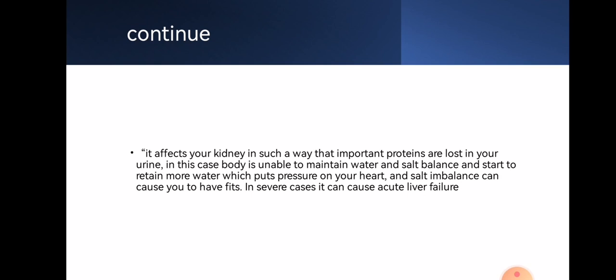In this case, the body is unable to maintain water and salt balance and starts to retain more water, which puts pressure on your heart, and salt imbalance can cause you to have fits, which is a quite serious condition. So in severe cases, it can cause acute liver failure.